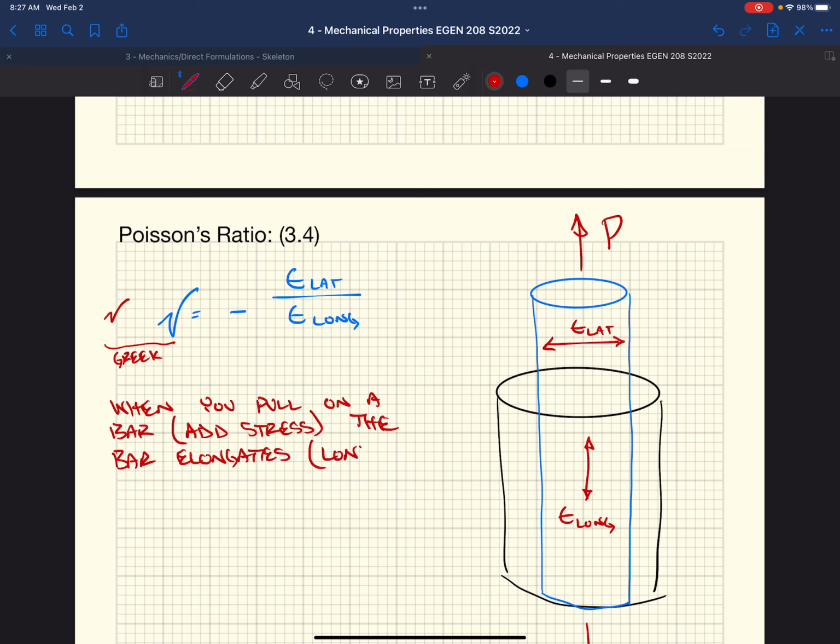We have, in this case, a longitudinal strain. While this idea of Poisson's ratio is a quantification of the fact that the bar also contracts in cross section.